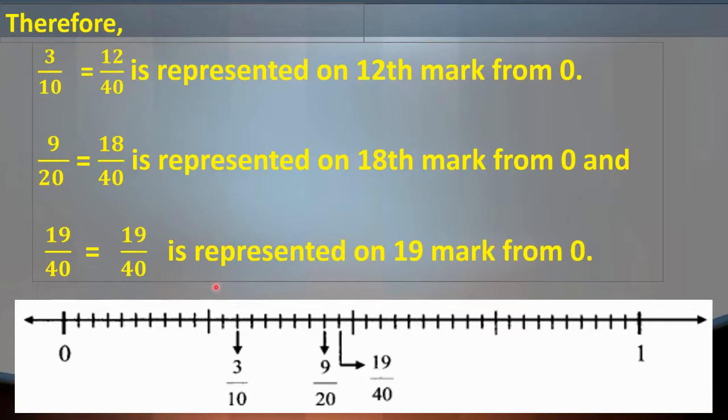Then 18/40 represents 9/20 on 18th mark from 0. Then 19/40 represents 19th mark from 0. So like this we will represent fractions on the number line.